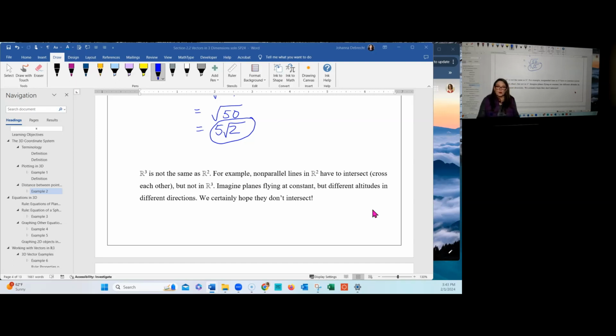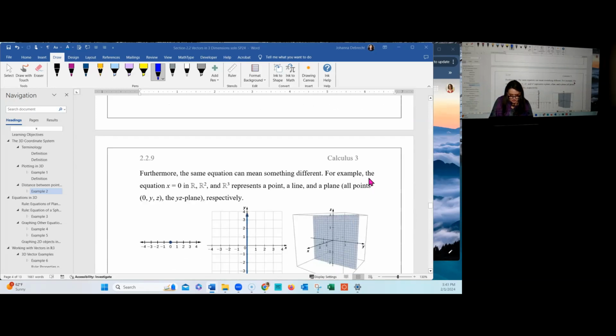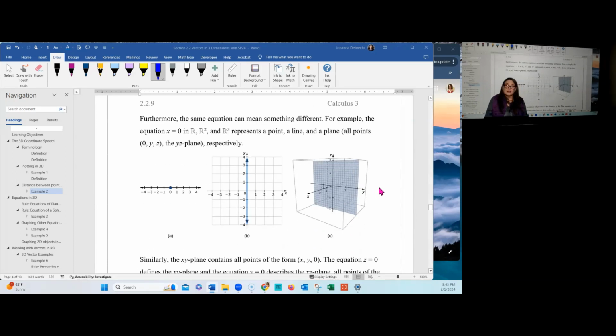So we have a lot more possibilities for interactions between lines in 3-dimensional space. Not only that, but the same equation means something different in 1-dimensional, 2-dimensional, and 3-dimensional space. So the equation that you might be used to from 2D, meaning a line, may instead describe a plane in 3-dimensional space and just a point in 1-dimensional space.